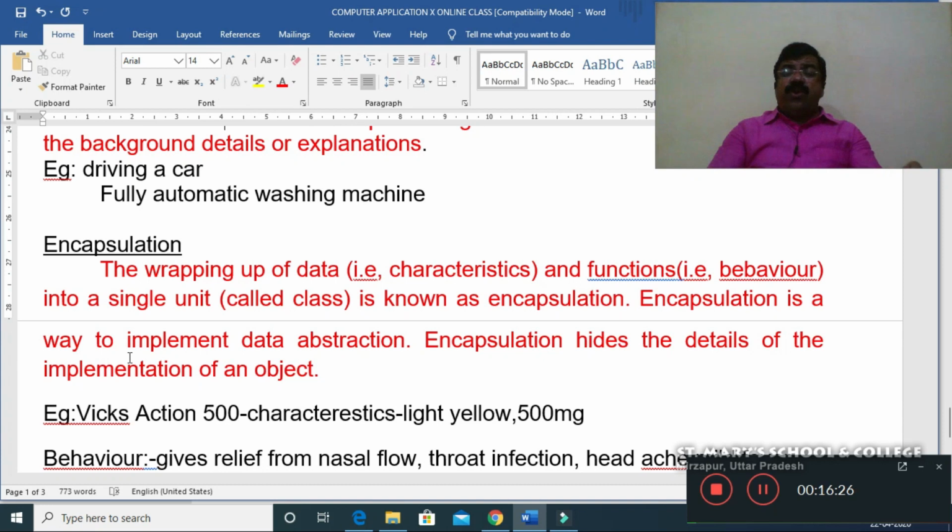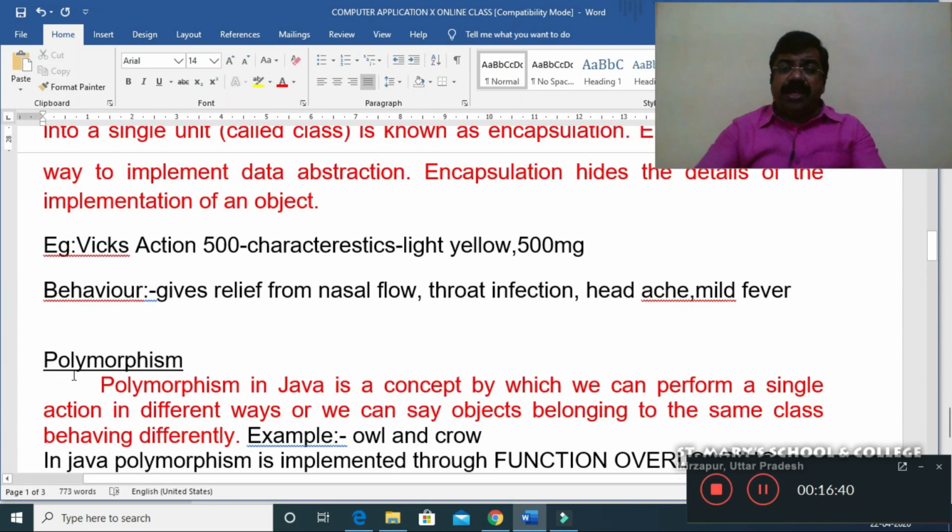Wix Action 500 was a tablet used for getting relief from nasal flow, throat infection, headache, and mild fever, etc. What are the characteristics? Characteristics are given there.